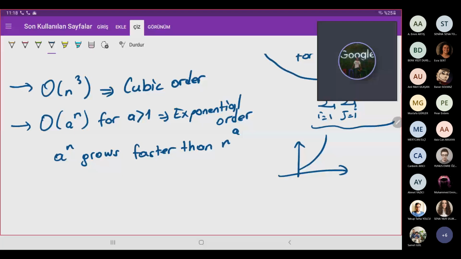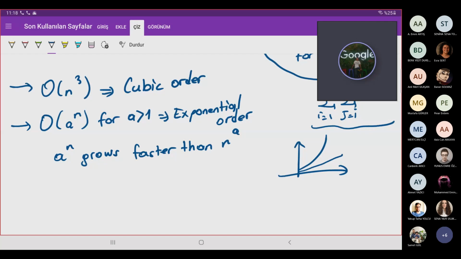So this is a very slow algorithm, okay? With very high complexity. So a to the power n, which is an exponential function, grows faster than n to the power a. But of course, an algorithm that is of exponential behavior is a very slowly running algorithm.